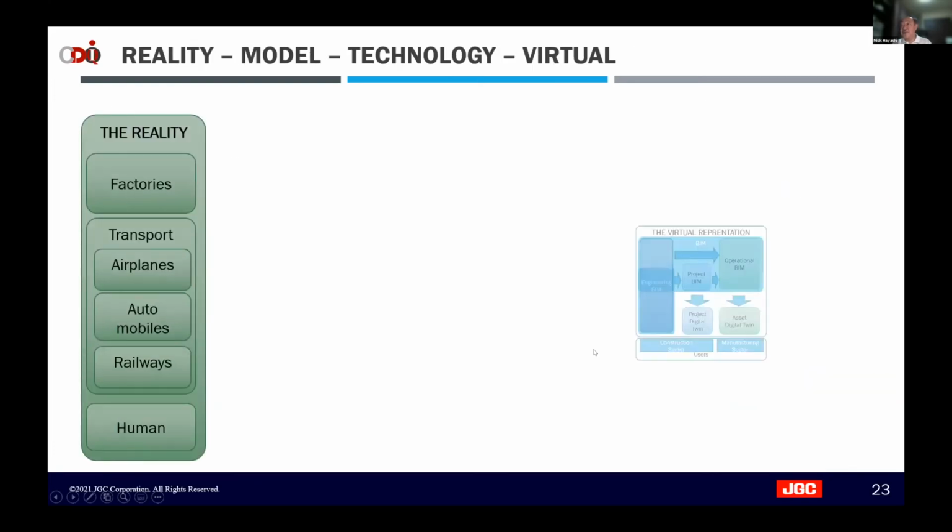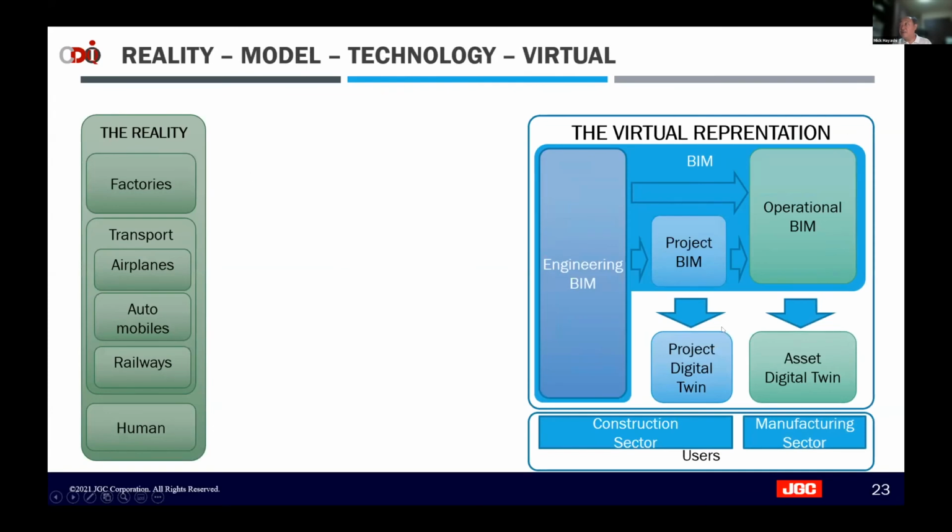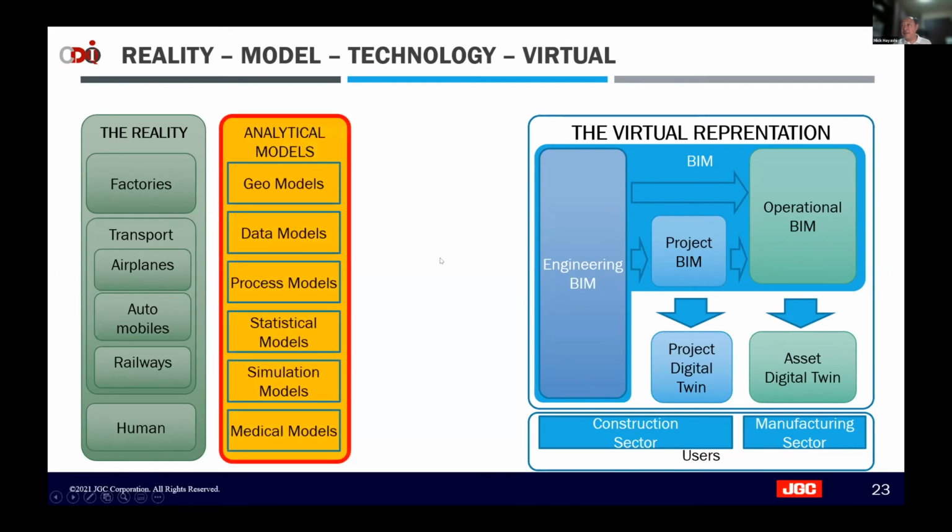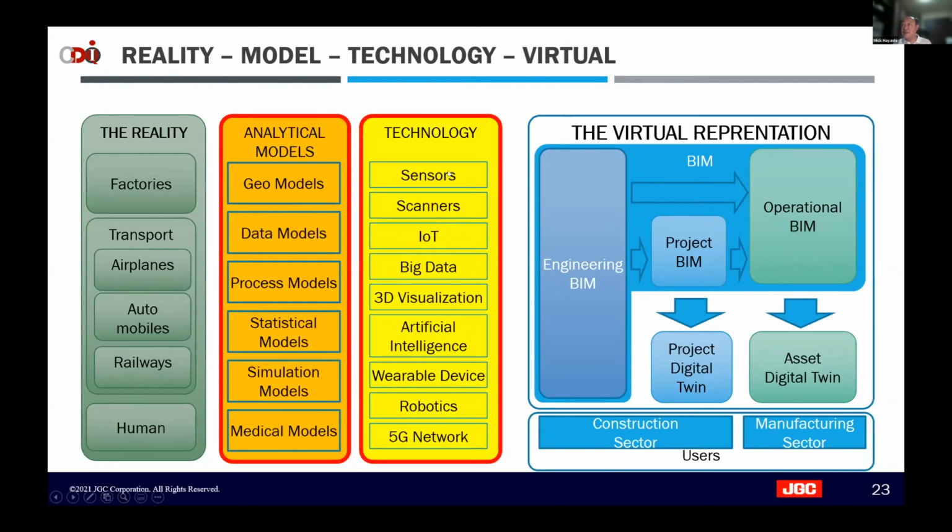All right, so the reality to virtual representation, right? This does not happen easily. As I explained, the user company has a lot of responsibility for this. Analytical models and introducing technologies, this yellow part, can come from IT vendors or specialty vendors, yes.